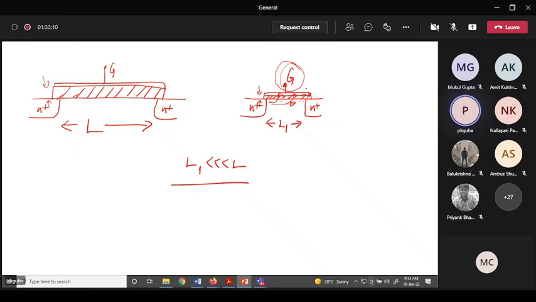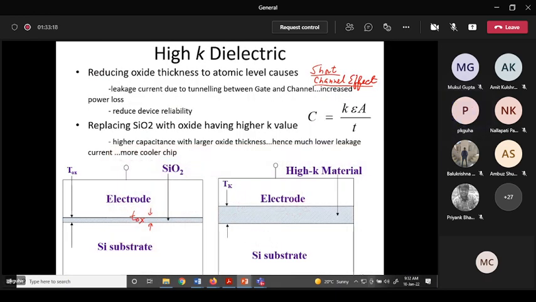So what people did, people used high K dielectric to address that issue. What is high K dielectric? Instead of silicon dioxide as a gate oxide layer, they started using another insulating layer which has a higher K value. How will that help?